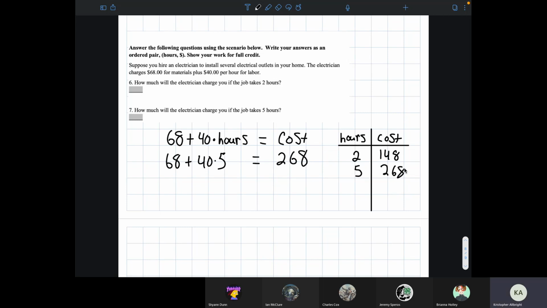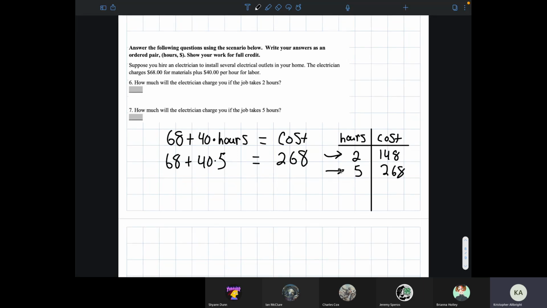And these are things that we can graph as well. This would be helpful for the electrician to kind of look at how much he makes per hour. If he actually drew this on a graph, he could be able to see, okay, well, if I work an hour and a half, this is how much I should charge. If I work for 15 hours, this is how much I should charge without having to work it every single time.